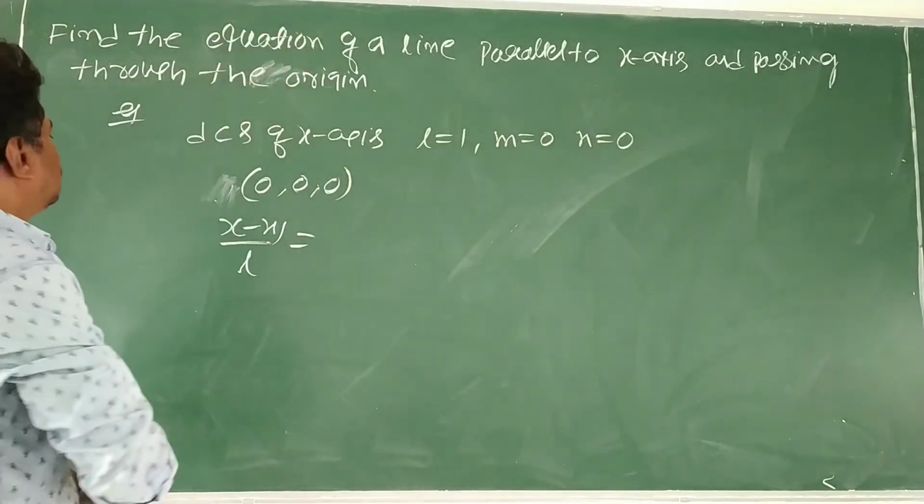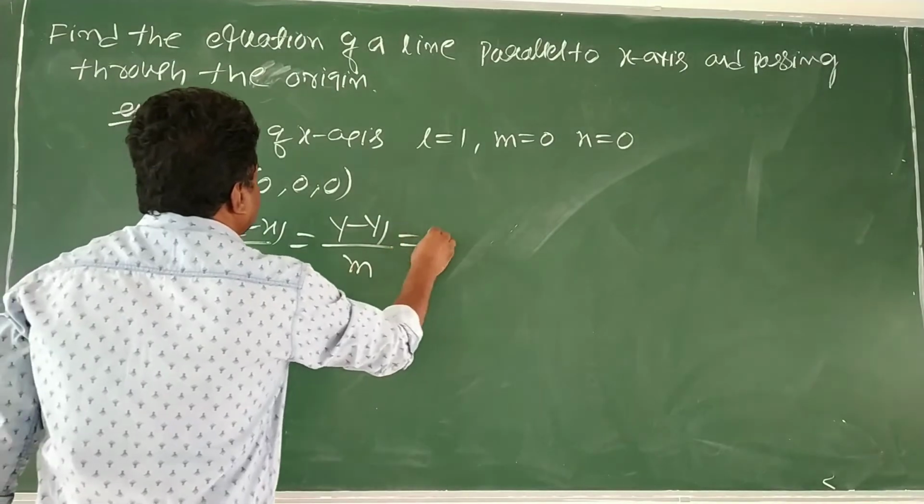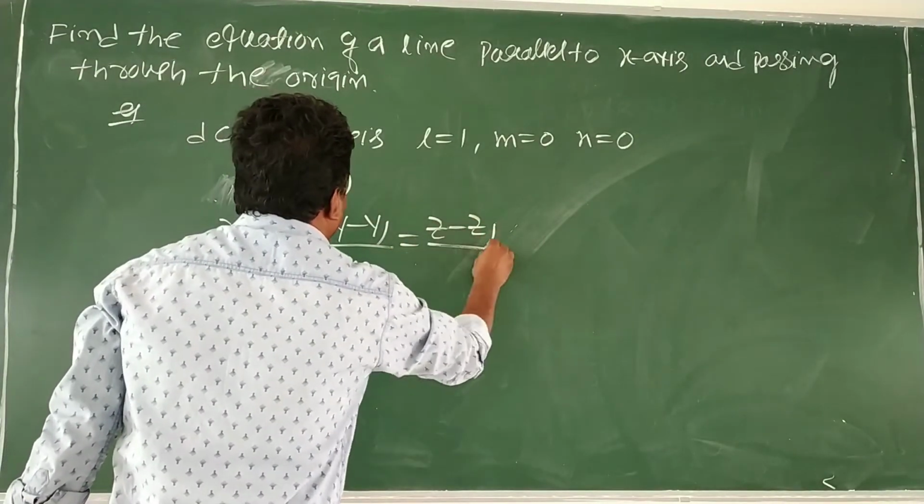x minus x1 by l is equal to y minus y1 by m is equal to z minus z1 by n.